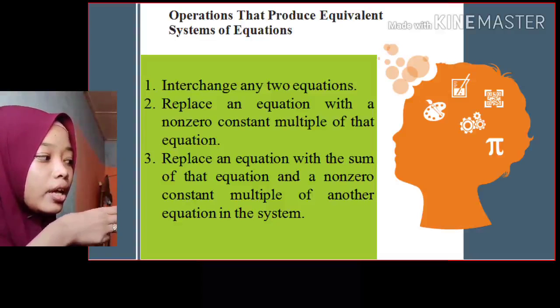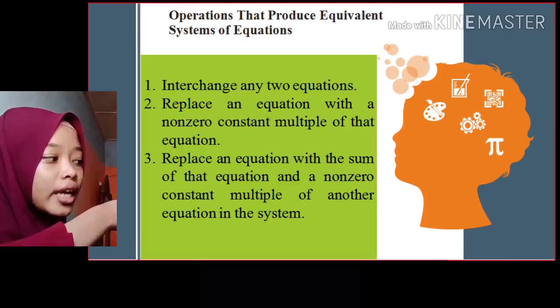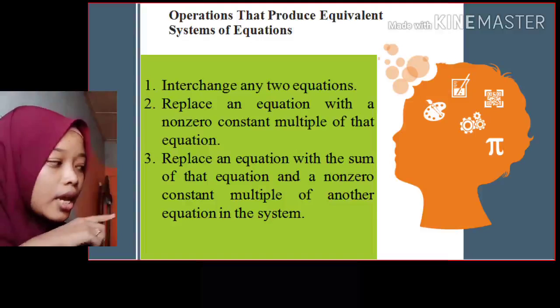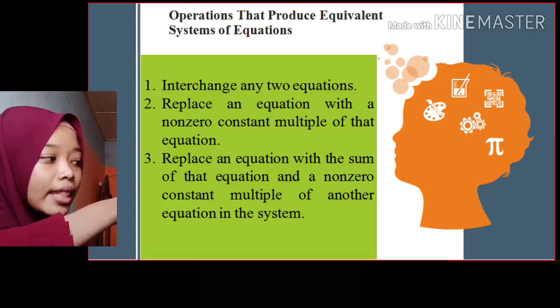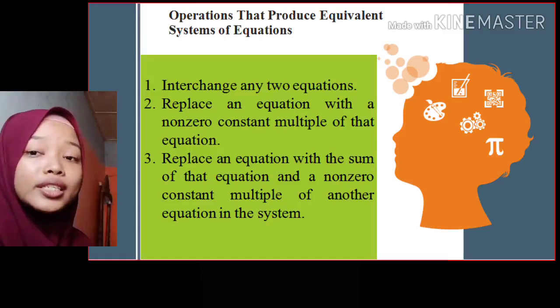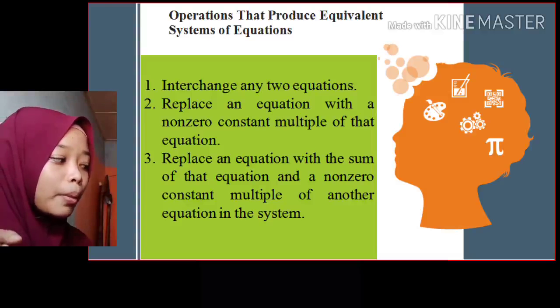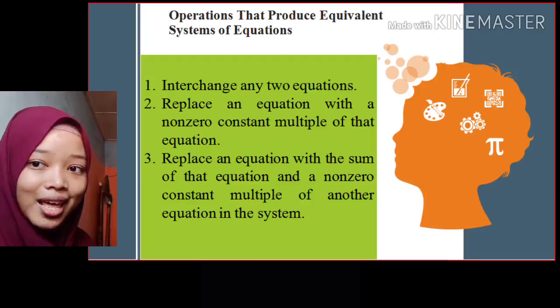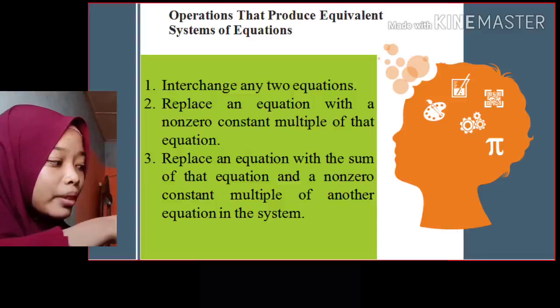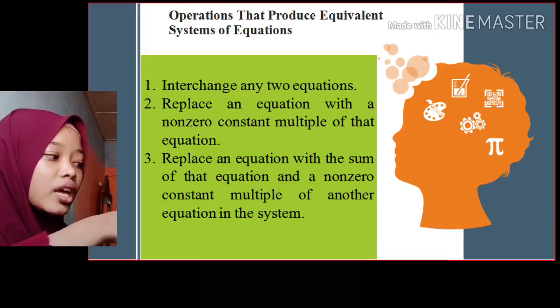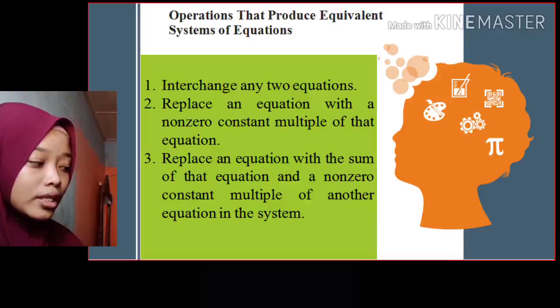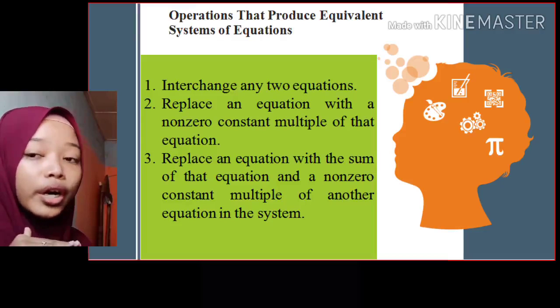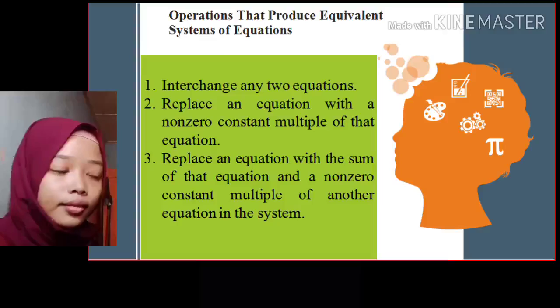There are 3. The first, interchange any two equations. The second, replace an equation with a non-zero constant multiple of that equation. And the last, replace an equation with the sum of that equation and a non-zero constant multiple of another equation in the system.